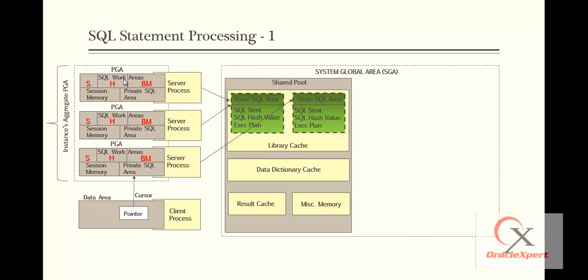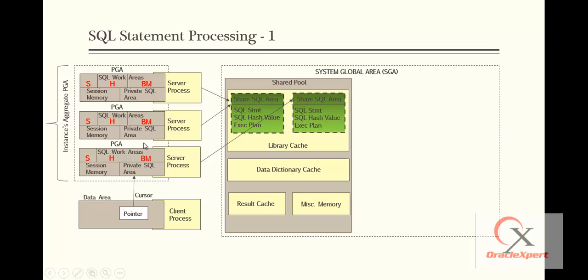Just to elaborate it a little further, for example, assume that this is the session initiated by some user called Tom, and this is another session by some other user connected from a different client machine, let's say Jack. They both are connected and they both ran a SQL statement, say select star from EMP.